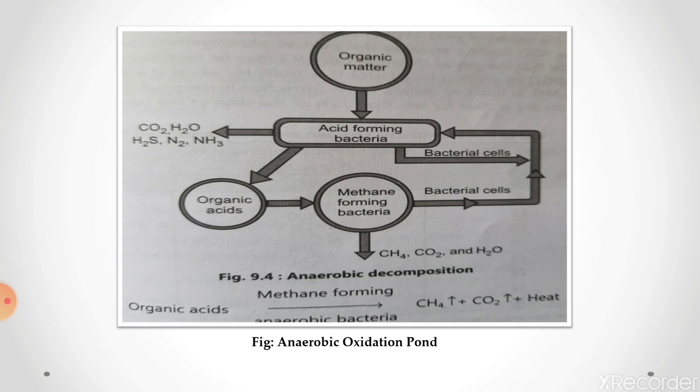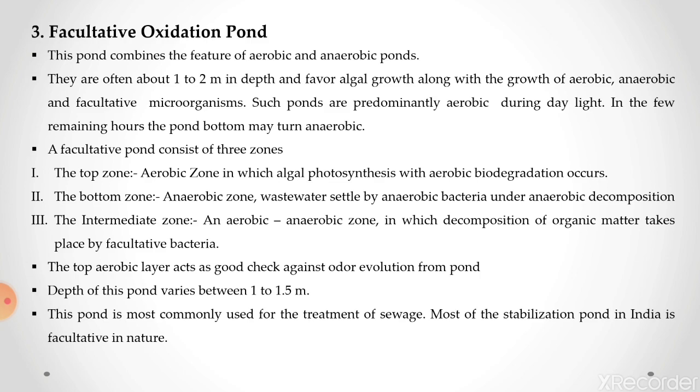They form CH4, CO2 and H2O, which leads to the foul smell of the anaerobic ponds. The organic acids are used by the methane forming bacteria and the anaerobic decomposition is taking place. Then whatever new bacterial cells are produced, they are again supplied to the acid forming bacteria. So, the cycle repeats and thus the stabilization of the organic matter is carried out.